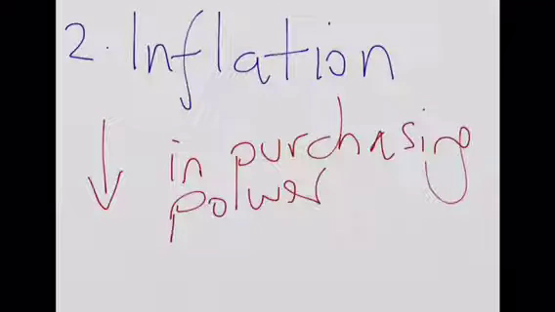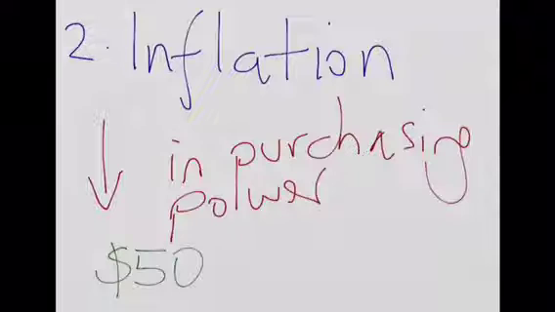Now let's talk about the next reason why money has time value: inflation. We know that there's a decrease in purchasing power due to inflation. I don't think this one needs a lot of explaining. It's a pretty obvious issue that when you go to the shop, normally you would spend $50 to buy goods at the store for your monthly grocery.